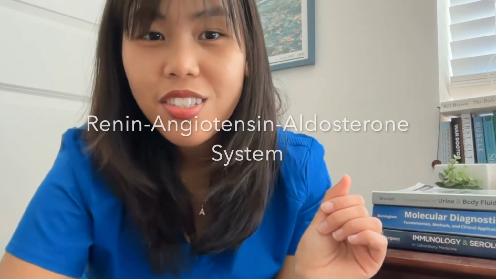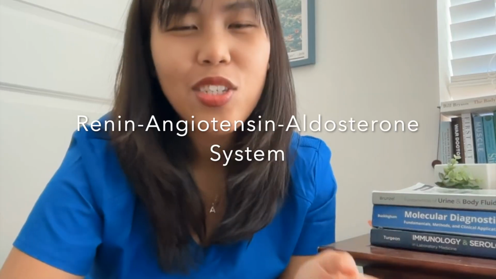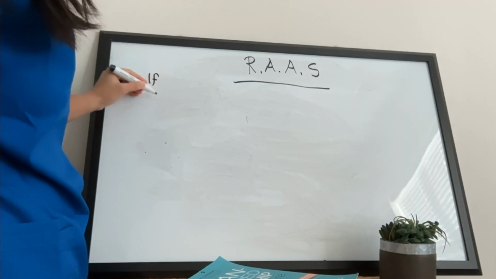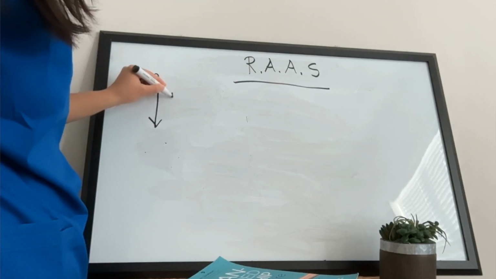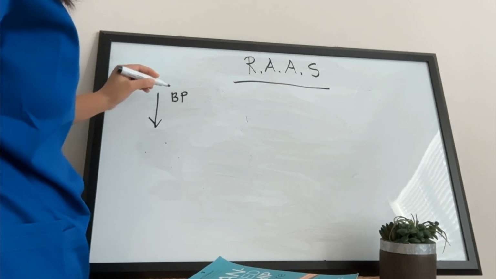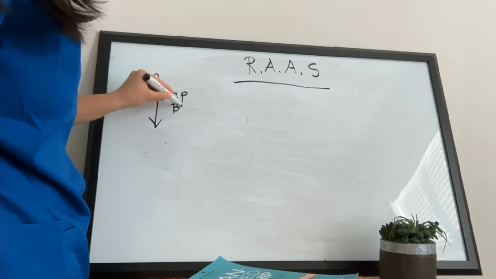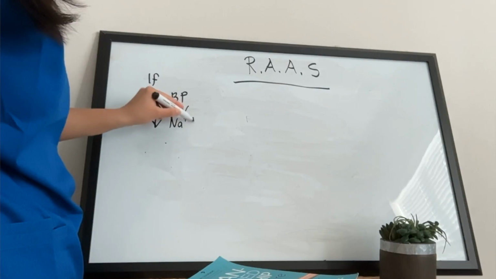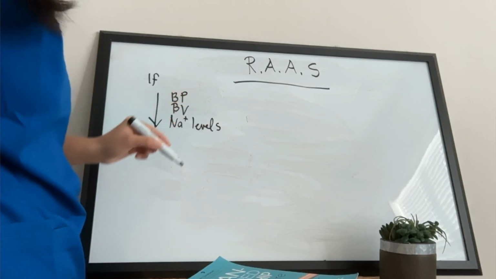The second way is through the RAS, or the renin-angiotensin-aldosterone system. The renin-angiotensin-aldosterone system, or RAS, kicks in when the kidney senses trouble, like low blood pressure, low blood volume, or low sodium levels.